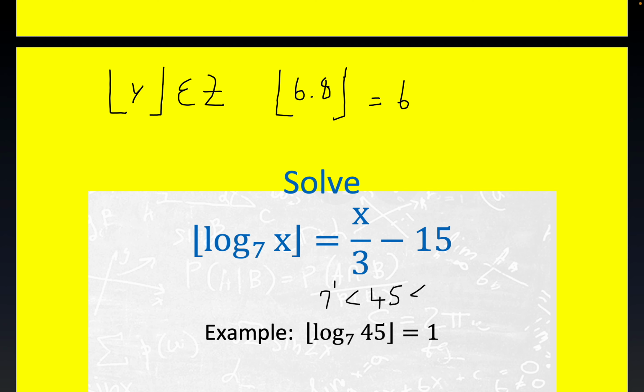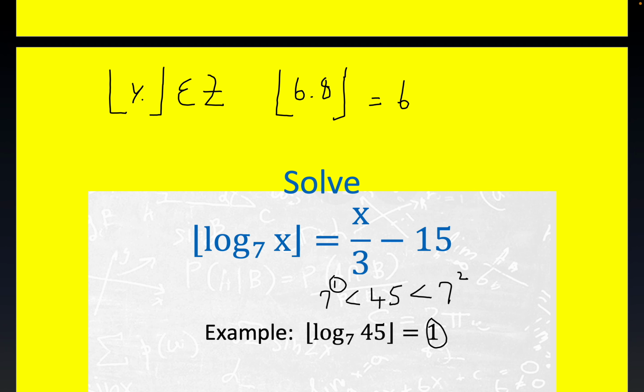And so since we are talking about the logarithm, which is the inverse of the exponential function, this 1 that you see right here is exactly why 1 is the floor of log base 7 of 45. Okay? Because 1 meets the conditions of the floor function.